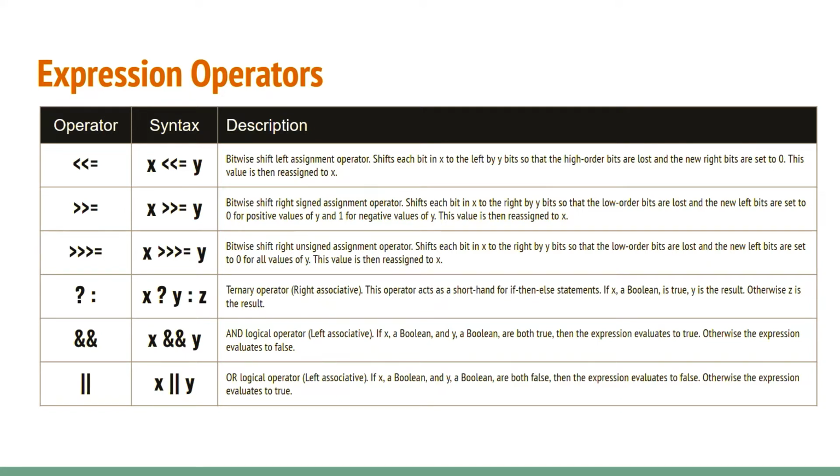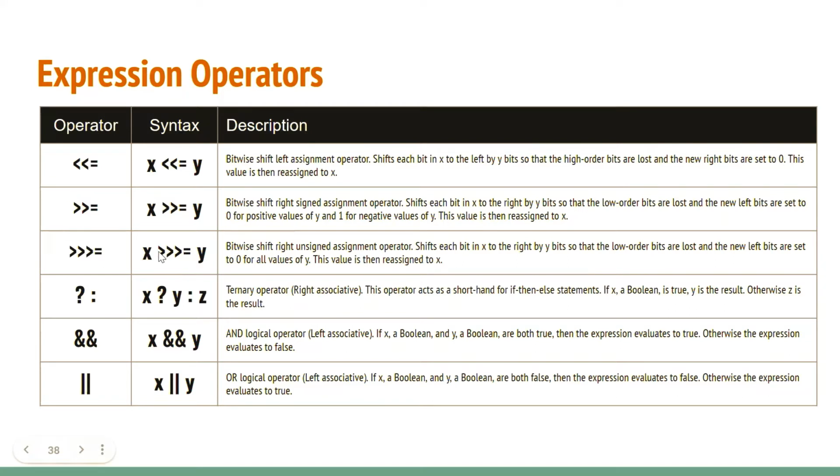Then we have the bitwise shift right unsigned assignment operator. It will shift each bit in x to the right by y so that the low order bits are lost and the new bits are set to 0.